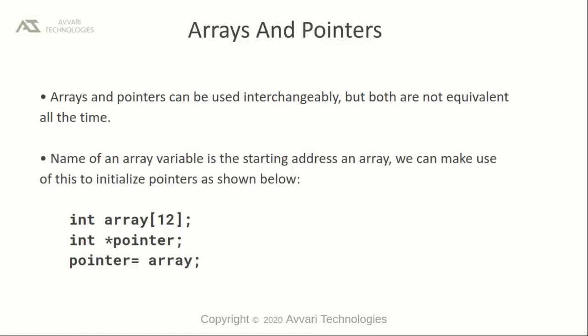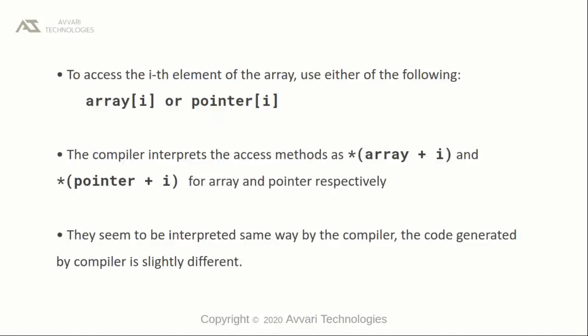For instance, here we defined an array variable of size 12 of type integer and a pointer of type integer. Now we are storing the address of array in pointer variable. To access the ith element of the array, we can either use array of I or pointer of I. Both are equivalent.